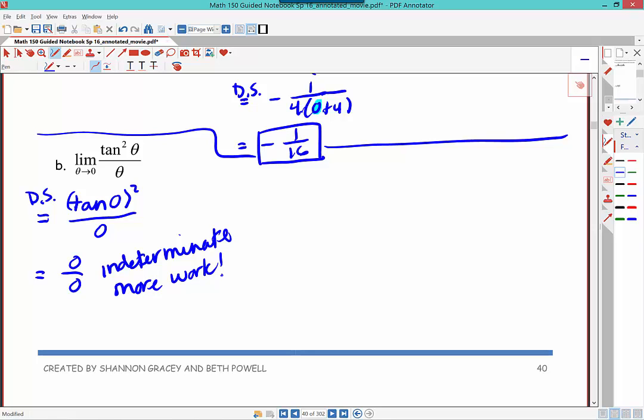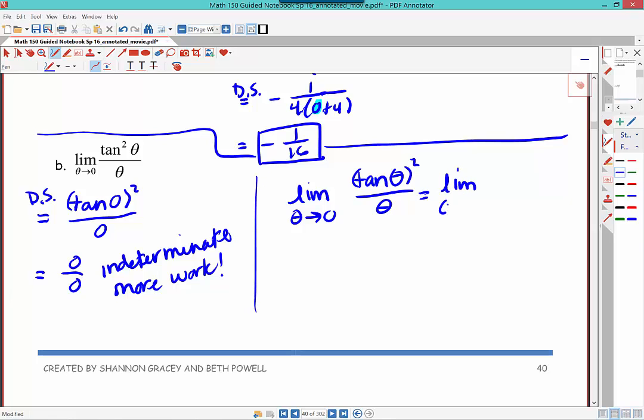So now we'll come over here and we'll have our limit as theta approaches 0 of tangent theta, the quantity squared, over theta, which is equal to the limit as theta approaches 0 of. Good. We can call this sine theta over cosine theta, the quantity squared, times the reciprocal of theta, which is 1 over theta.